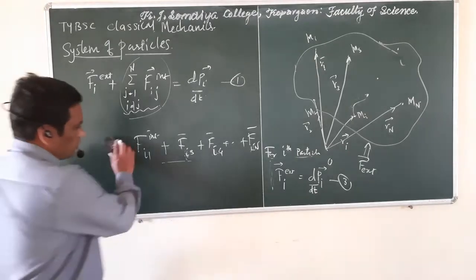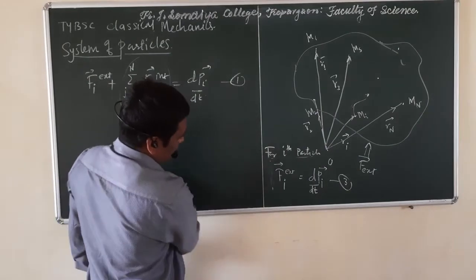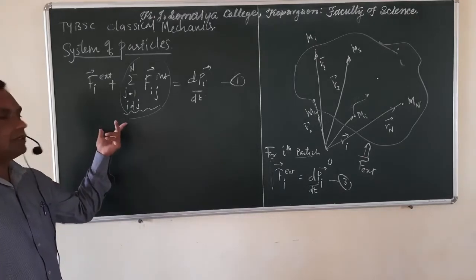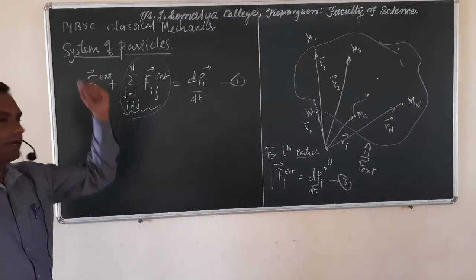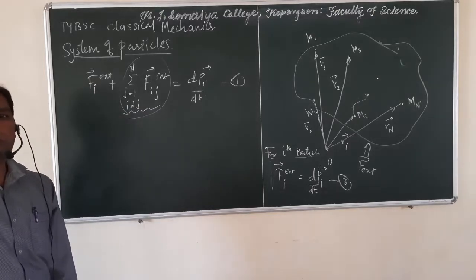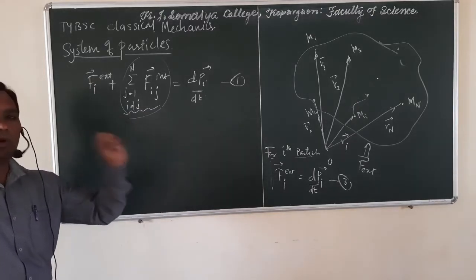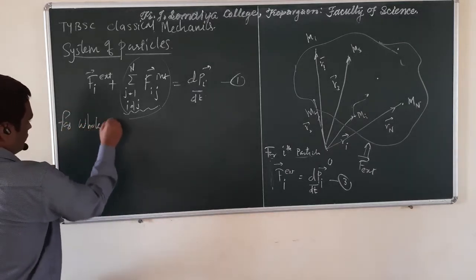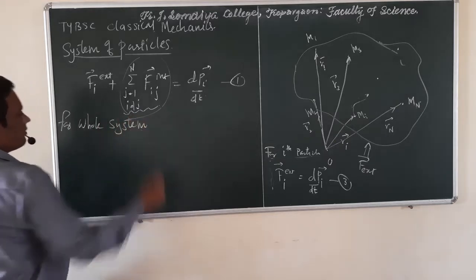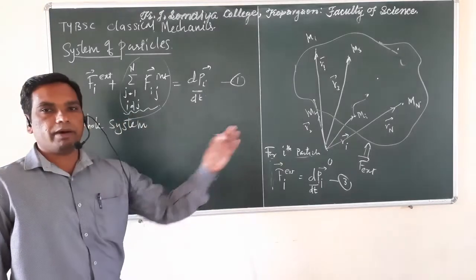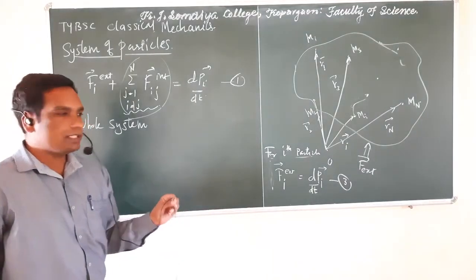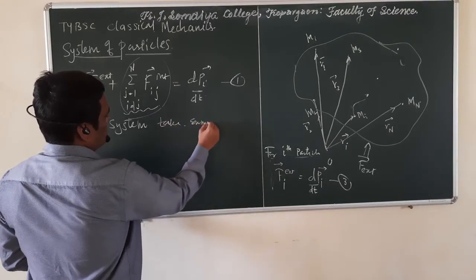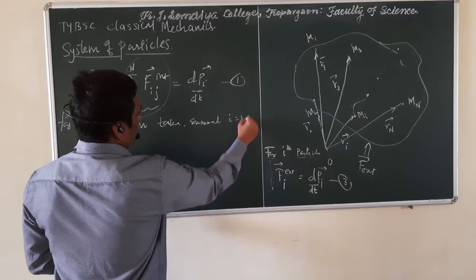Now, going to the next derivation part. This equation is for only the ith particle. Suppose you have to take into account the whole system. For the whole system, we know that the system comprises all the n particles. So for taking the whole system, we have to take summation over i running from 1 to n.